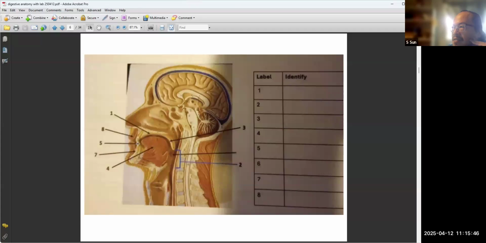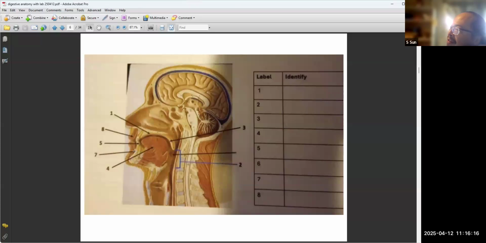Six. All right. So I would say, is this six? Yeah, if this is six, then I would say we can call this one uvula, in the back of it here. Soft palate, then uvula. All right, let's put the uvula. Six, uvula. Seven right here.